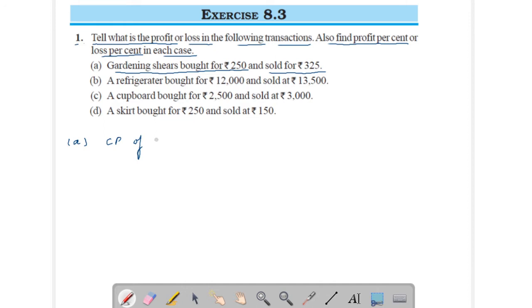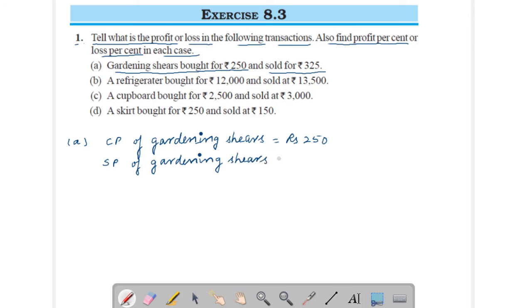Of gardening shares, it is rupees 250, and selling price of gardening shares, it is rupees 325.